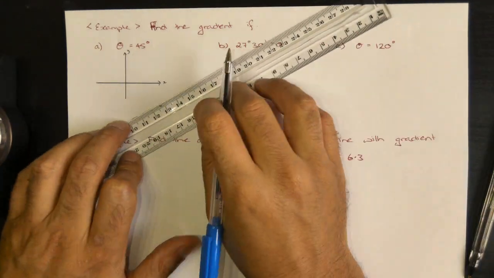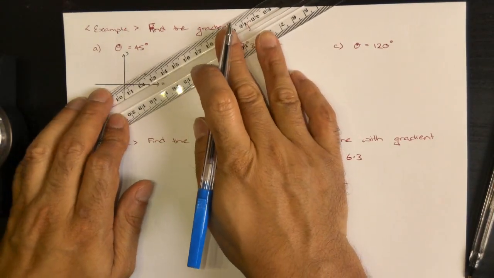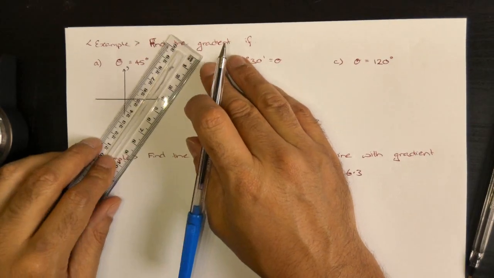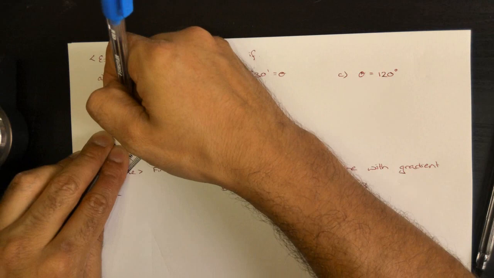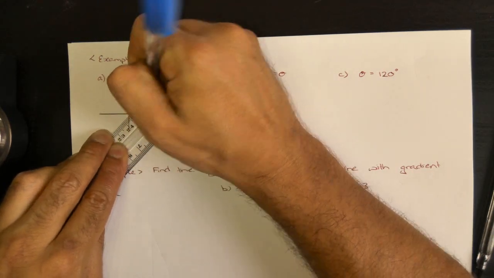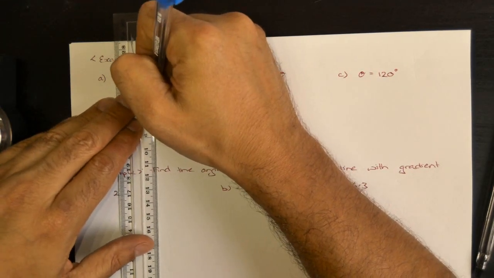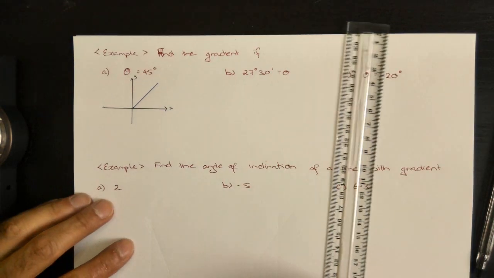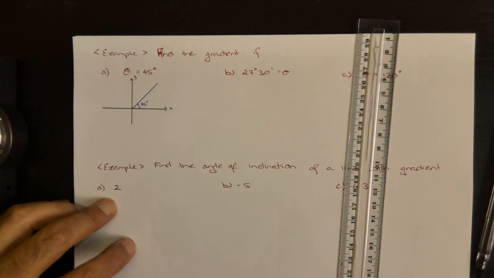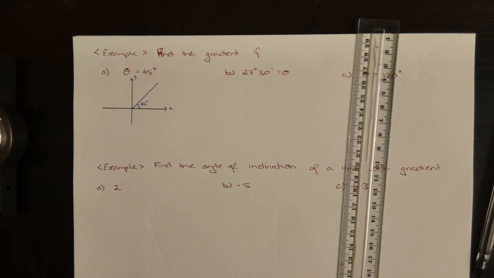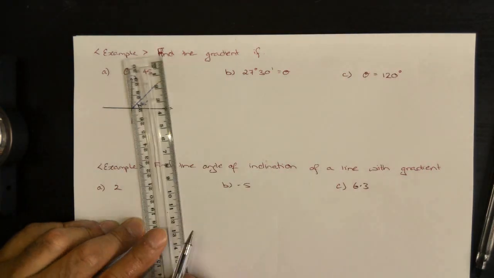And here I'm going to draw a line, right? And I'm going to say that this angle here is 45 degrees. I want to calculate that gradient.